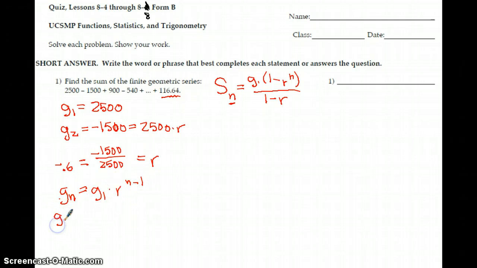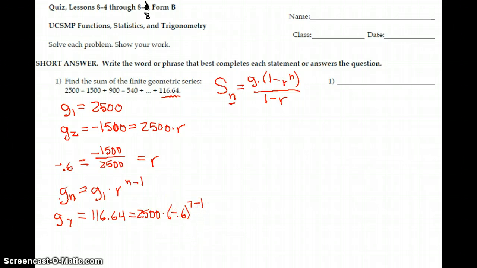I'm kind of hoping here that g sub 7 would be 116.64. I'm thinking that would be 2500 as a check times negative 0.6 to the 7 minus 1 power, to the 6 power.